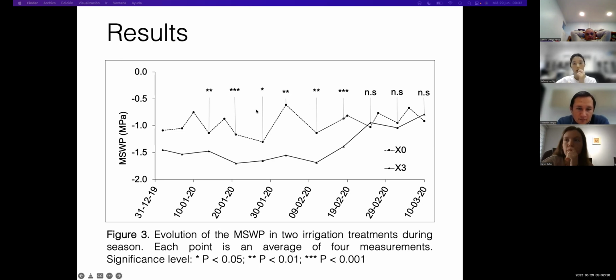On the other hand, the X3 treatment maintained stem water potential values lower than -1.5 megapascals, which correspond to moderate to severe stress, recovering only at the end of the season.